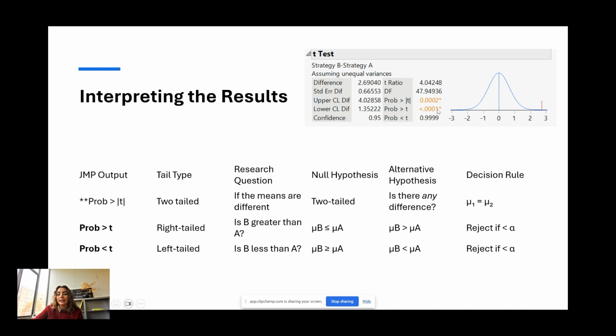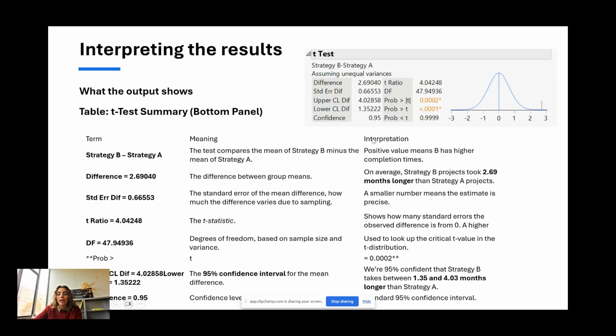Here, this is a right-tail test. It's testing if B is greater than A, not the opposite. Why? Again, you go back here and look at which comes first, and that determines what this means.